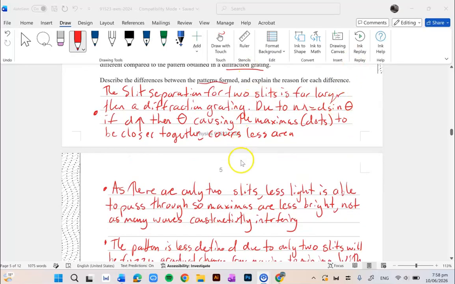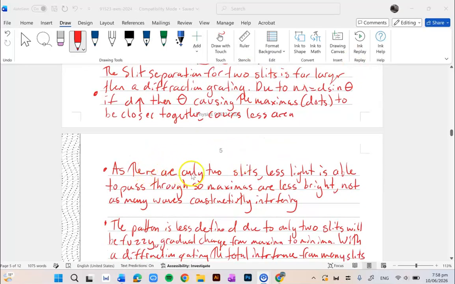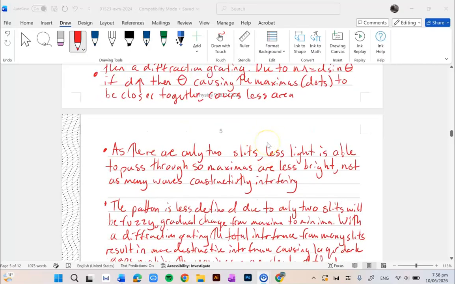The second point you needed to have talked about is, since there's only 2 slits, there's less light actually diffracting, so the maxima, or actually it should be called the dots, are less bright, because there's not as many waves constructively interfering, compared to a diffraction grating where there are a lot more waves diffracting.